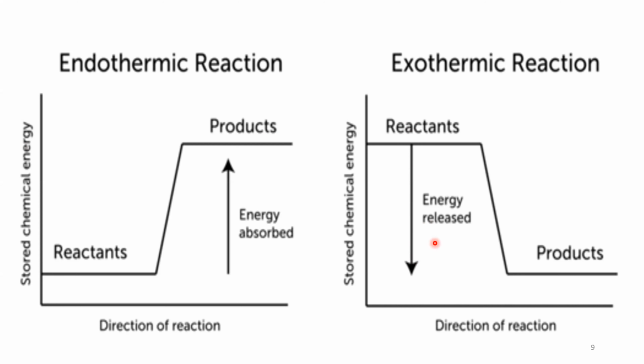The signs we usually use to mention whether a reaction is exothermic or endothermic: for the exothermic reaction, the sign used is plus delta H, enthalpy, right? The plus means it is liberating, given off to the surroundings. For the endothermic reaction system, we use a minus sign, meaning it is absorbing energy, right?